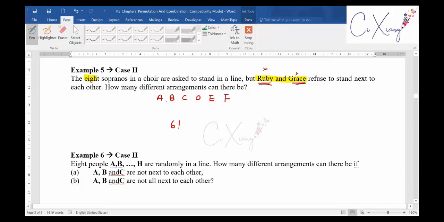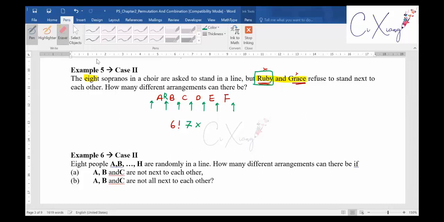And then after that, you can look at Ruby. Now I want to place Ruby into the line. For Ruby, how many spaces do you have to put her in? 1, 2, 3, 4, 5, 6, 7. So there are 7 places, so you can put 7. Then multiply with, let's say you put Ruby in this space already, so this space is no longer available.